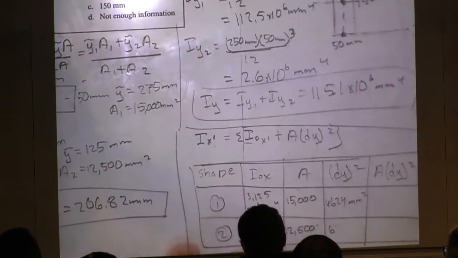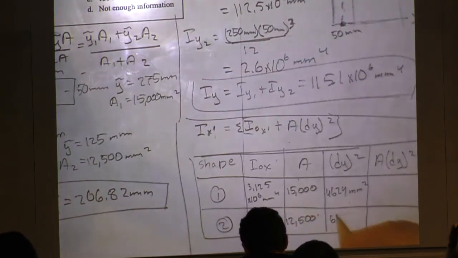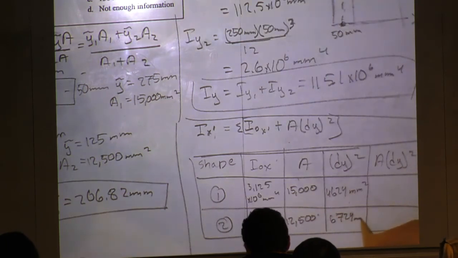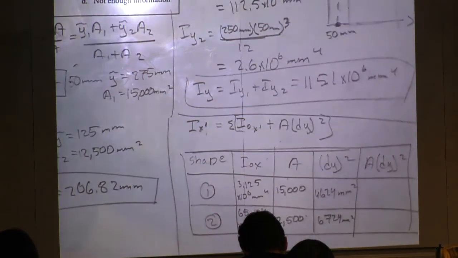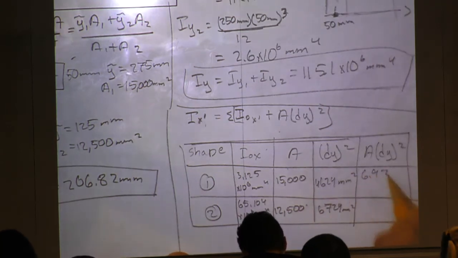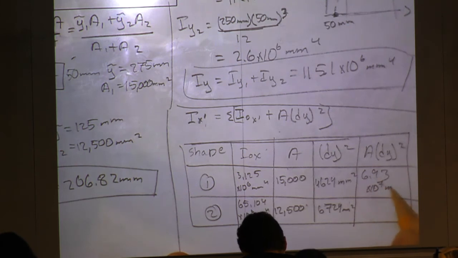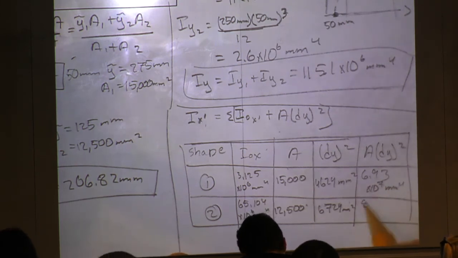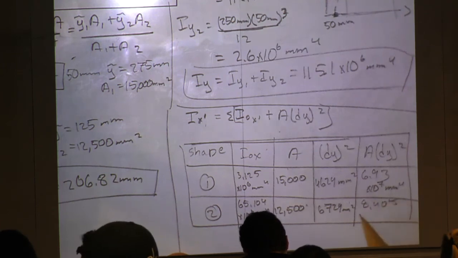Oh, I'm sorry about that, guys. 724 square millimeters. All right, and then if you just multiply 6.93 times 10 to the 7, and then multiply these two together, that gives you this 8.405 times 10 to the 7.